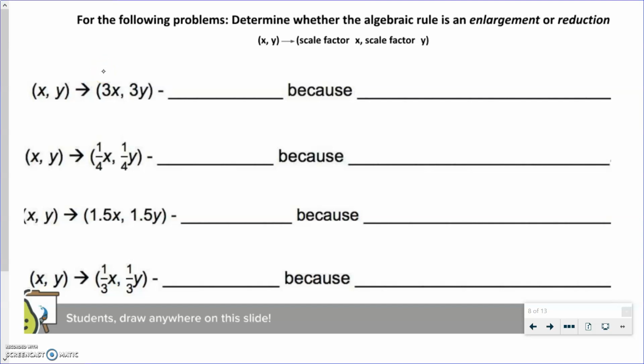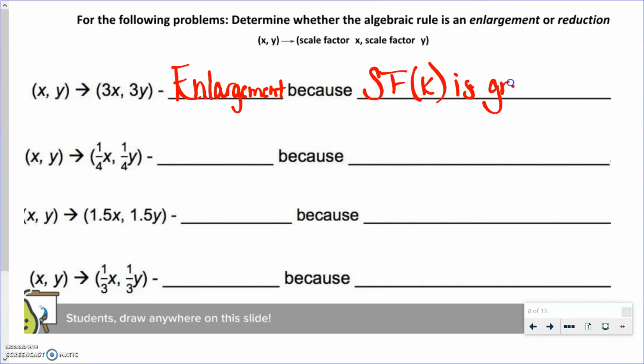This would be an enlargement, and it's an enlargement because the scale factor, or K, is greater than 1. Okay, scale factor is greater than 1.